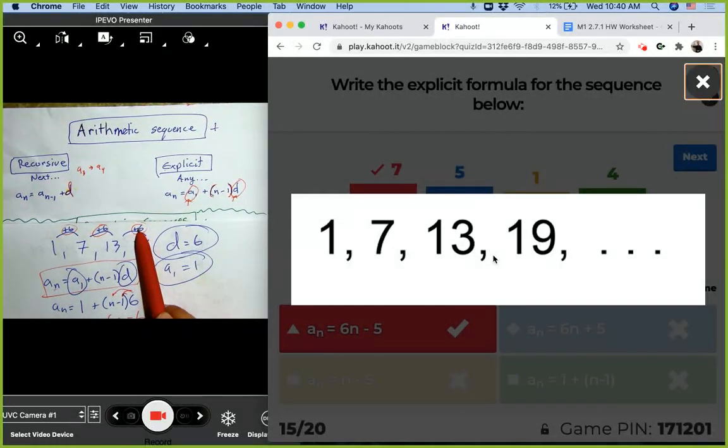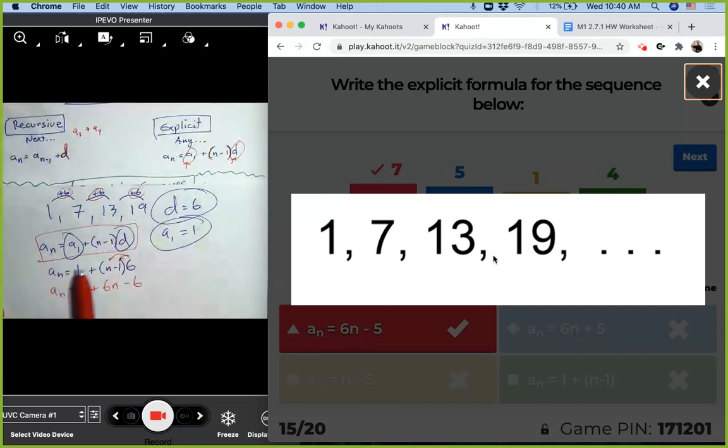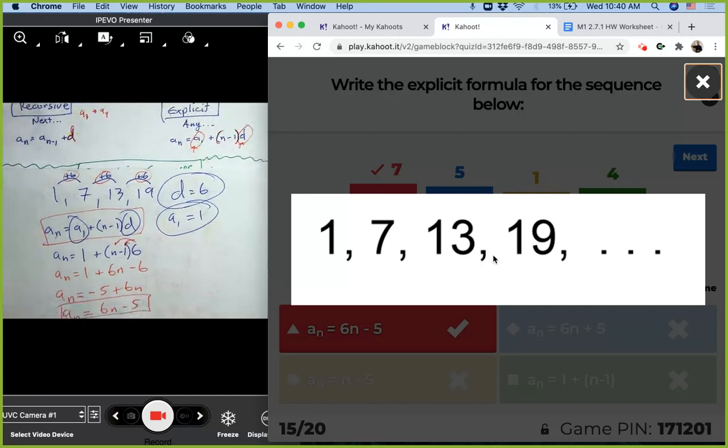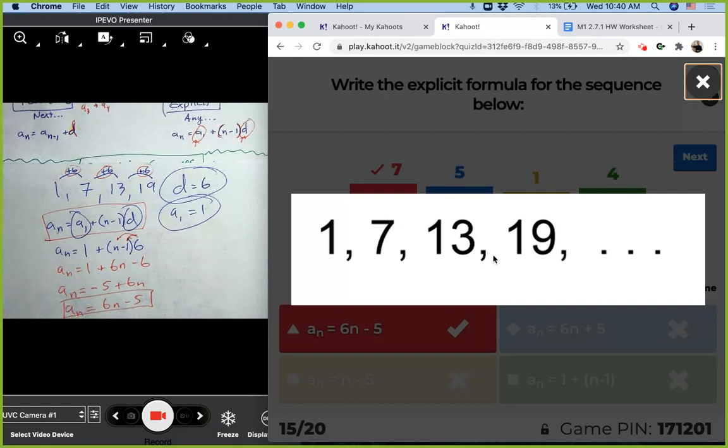That's a common difference. Your a sub 1 is the first term. So that's all I need to input. A sub 1, d, distribute that 6, get to this step, finish it. So we get minus 5 plus 6n, aka 6n minus 5. Okay, so that was number 15.